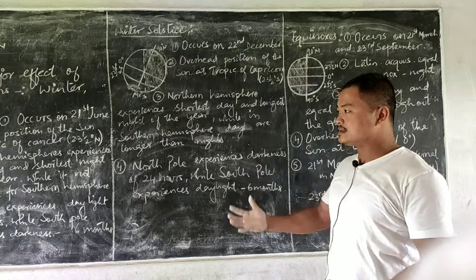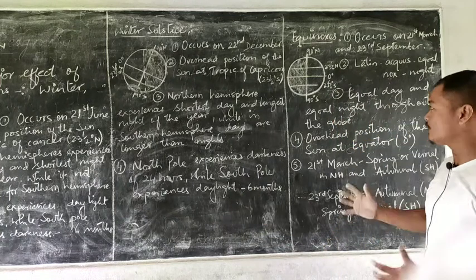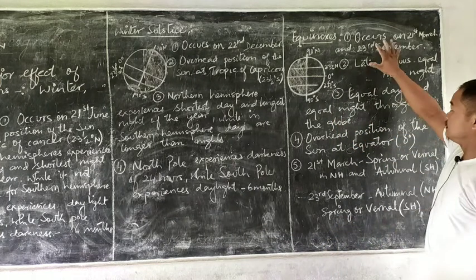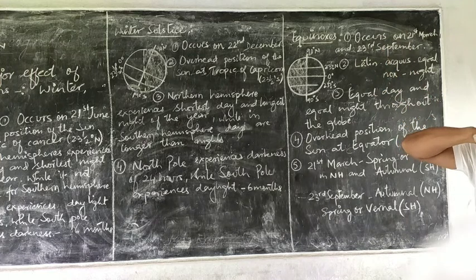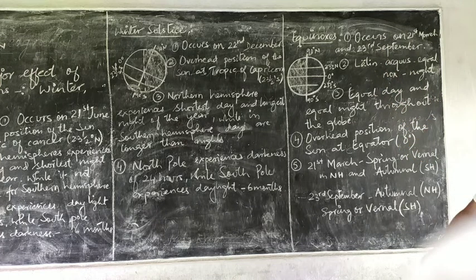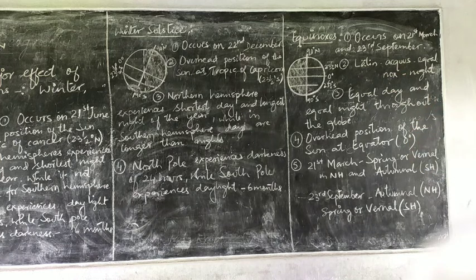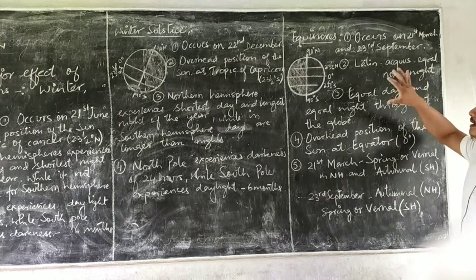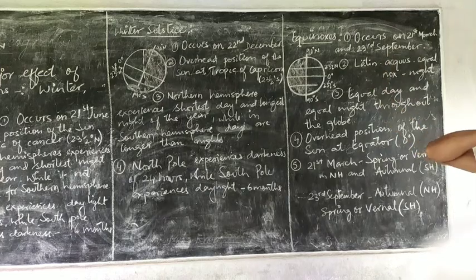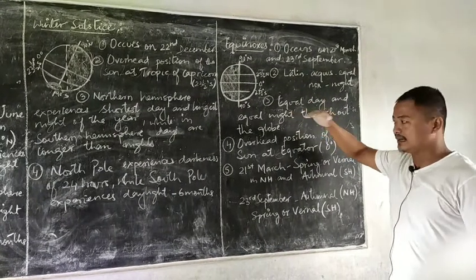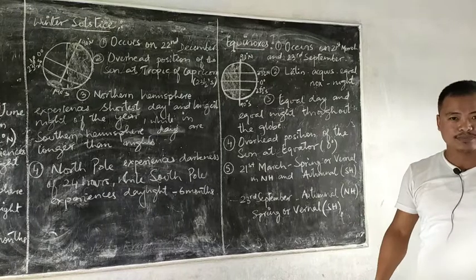In between this winter and summer season, we have equinoxes to understand. On two occasions, we on earth experience equinoxes. Equinox is a Latin term: equus means equal, and nox means night. So whenever we experience an equinox, we experience equal day and equal night throughout the globe.